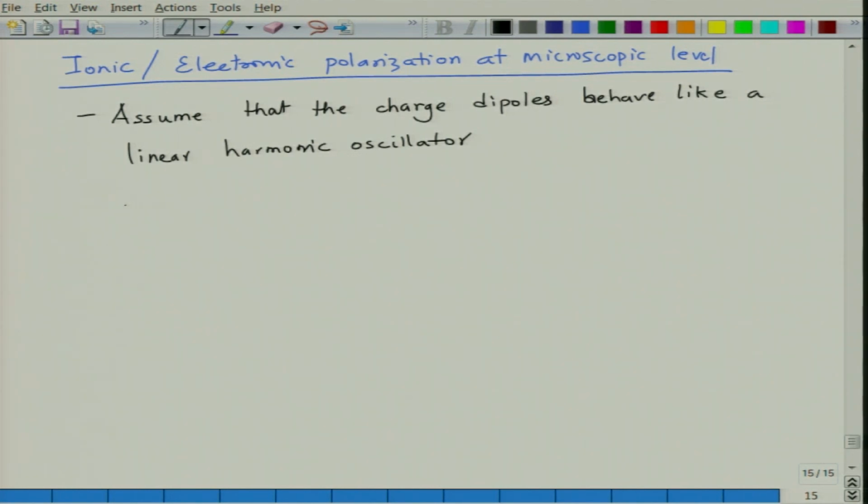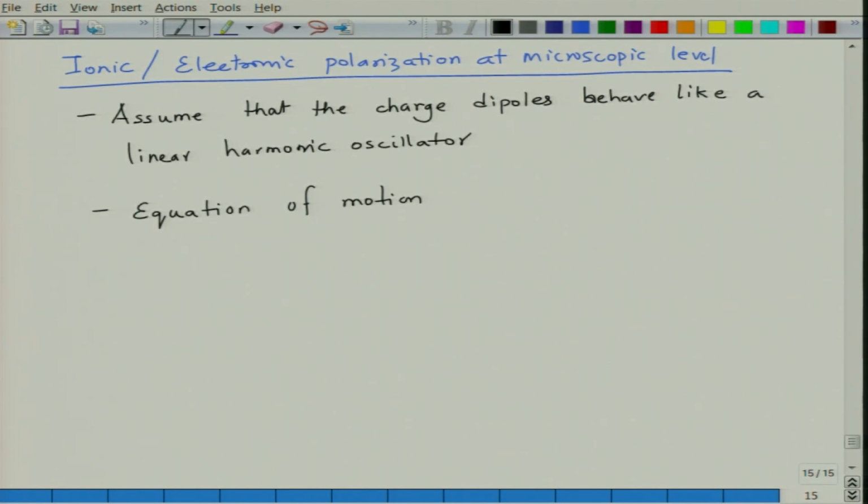Now we have to write the equation of motion in response to a force. You have an applied force, as a result they will have certain acceleration, they will have a damping component, and so on and so forth.